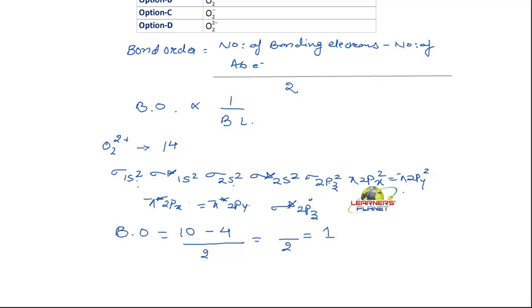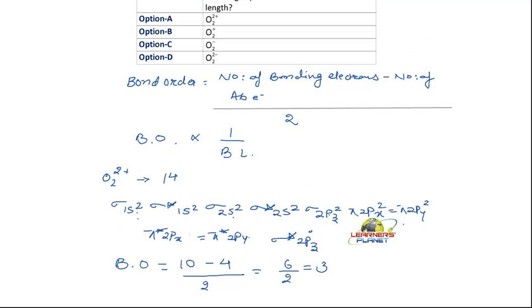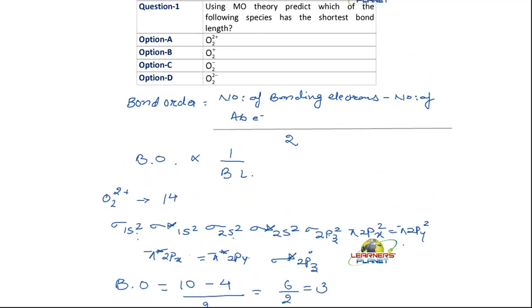You'll get 6. So 6 divided by 2, you'll get what? It would be 3, right? So the bond order for O2 2+ is 3. Then we have got what? Then we have got O2 plus.